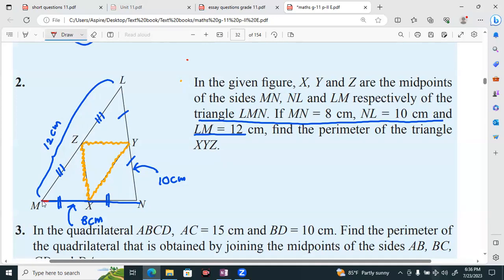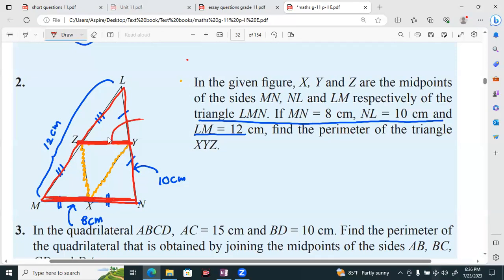Look here. If I consider the MN side, and look at the two other sides, the line which joins the two midpoints of the other two sides is ZY. Now according to the midpoint theorem, it is half of MN.